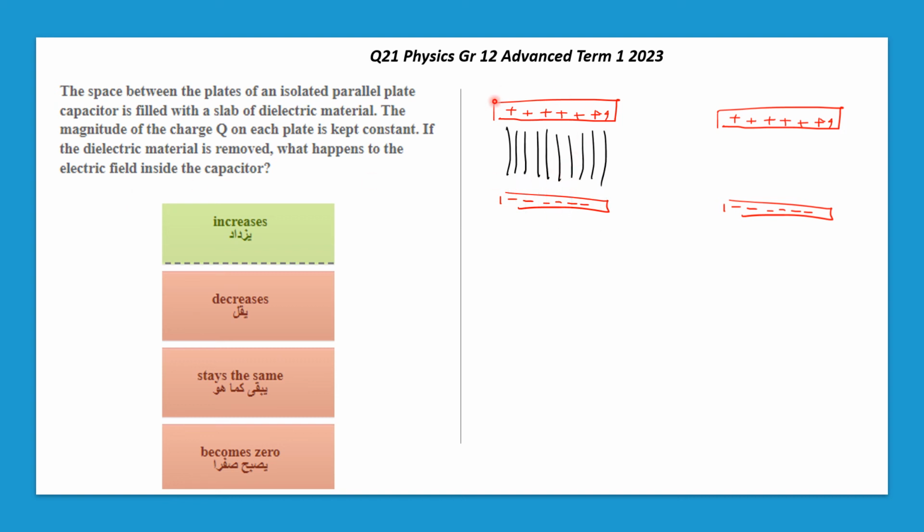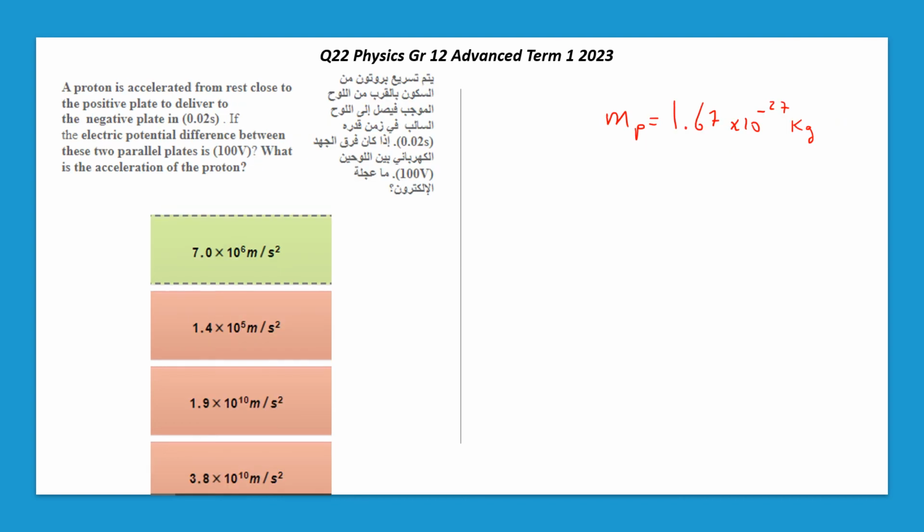In a normal capacitor we have positive and negative plates, and the black lines represent the electric field lines. There are many. But if we put in a dielectric material, of course the electric field will be weaker, will be less. So if we remove the dielectric material, of course E will increase, the electric field will increase.